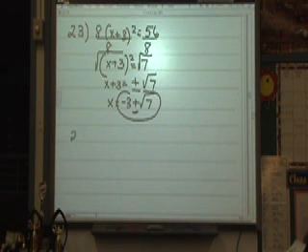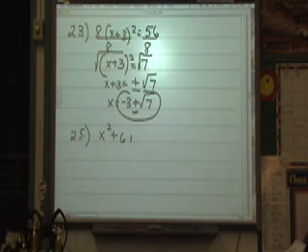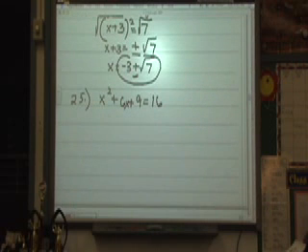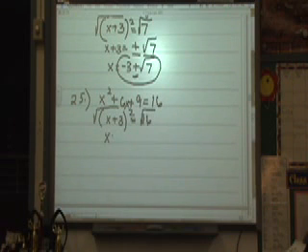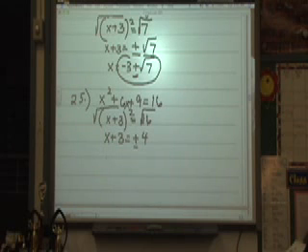Number 25. We have x squared plus 6x plus 9 equals 16. That's a perfect square trinomial. So that'd be x plus 3 quantity squared equals 16. Take the square root of both sides, and we have x plus 3 equals positive and negative 4.